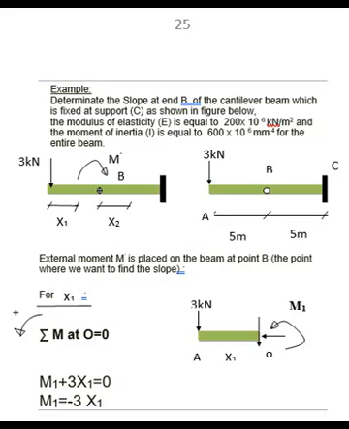For the first section, an external moment M dash is placed on the beam at the point where we want to find the slope. We then take moment at the point O, M1 plus 3 and the distance x1 to the point O, so M1 will be minus 3x1.